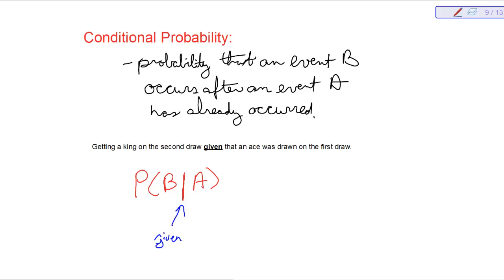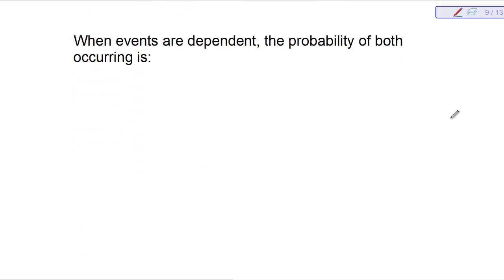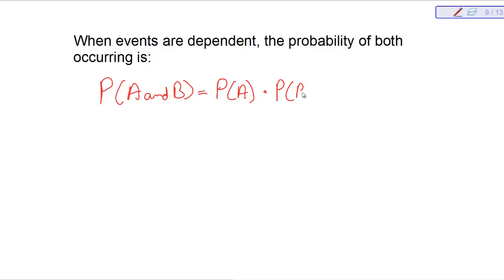It's really important that we look at this because when we're talking about dependent events, the probability that both of them occur, so the probability that A and B occur, is equal to the probability of A times the probability of B given that A has already occurred.